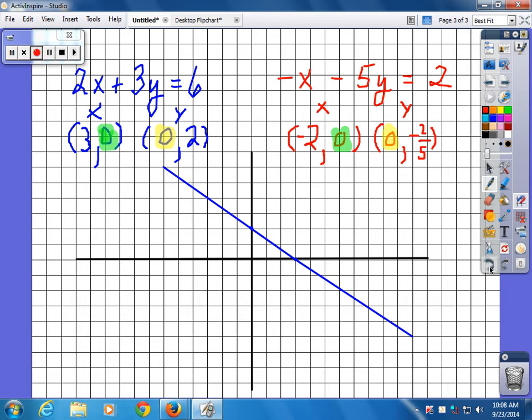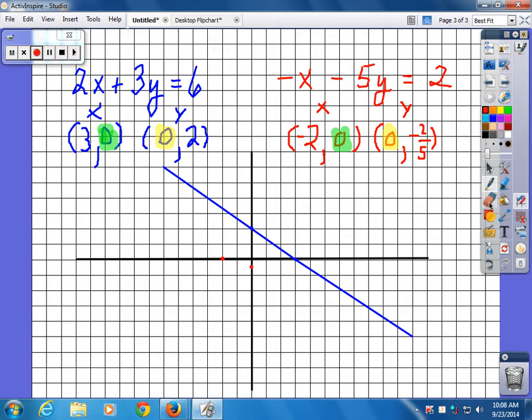And that still doesn't look like it's snapping. And 0, negative 2/5 on the y. 0, negative 2/5 is about 1/2, right? So right in there.